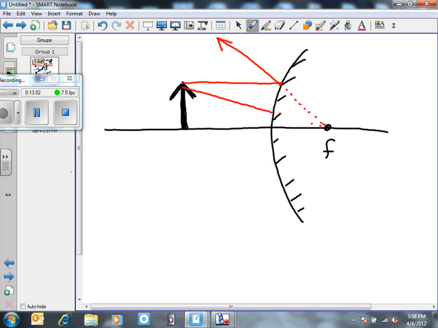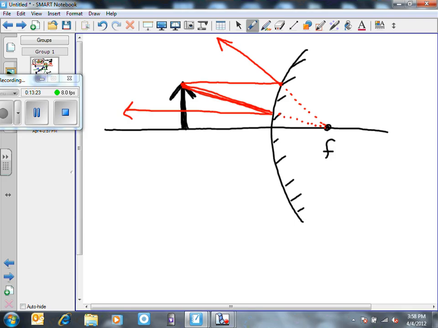And the way I got that section is because I had my ruler going through that focal. And so I come in, and then I bounce parallel to the principal axis. And those are my two rays.